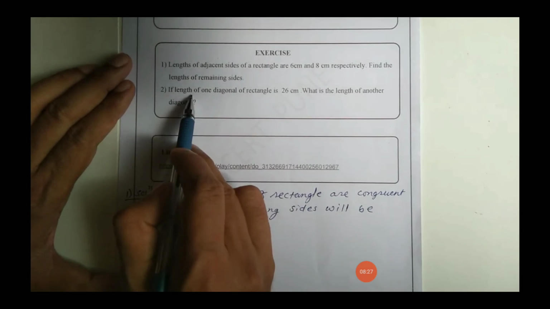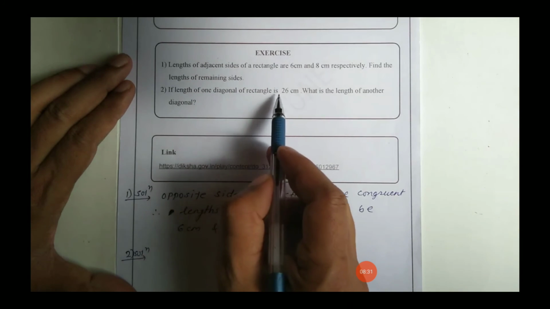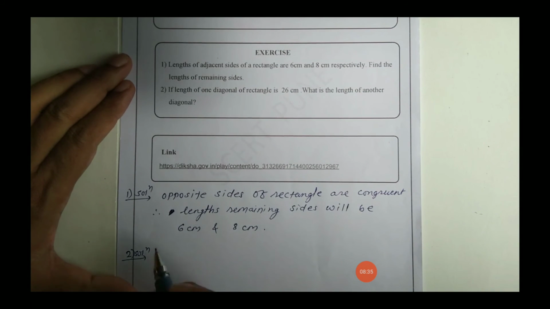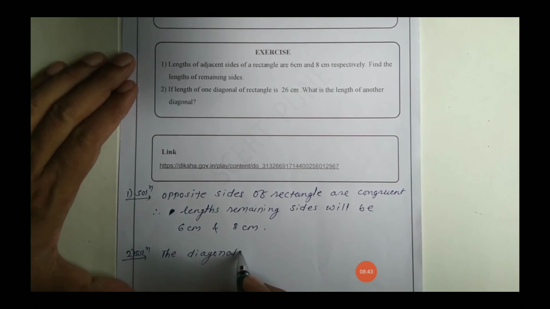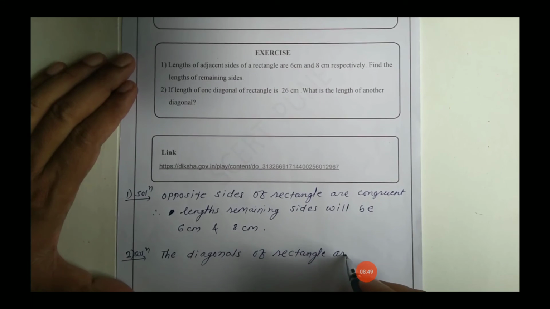Now next is, if the length of one of the diagonals of rectangle is 26 centimeter, what is the length of another diagonal? Then again we can write, the diagonals of rectangle are congruent.